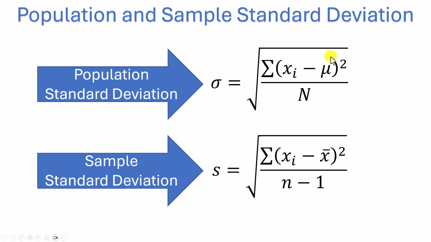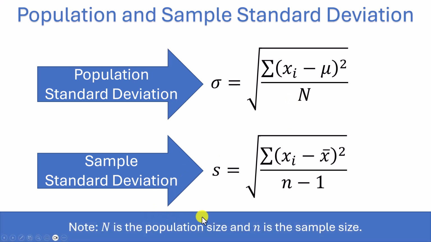One is we're going to be using the population mean rather than the sample mean. That should make a lot of sense. Since the population standard deviation is based on the entire population, it makes sense to use the population mean rather than the sample mean. The other difference is we're going to be dividing by capital letter N, where capital letter N is the population size rather than the sample size minus 1 that we do in the sample standard deviation.